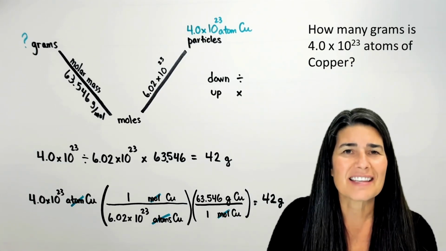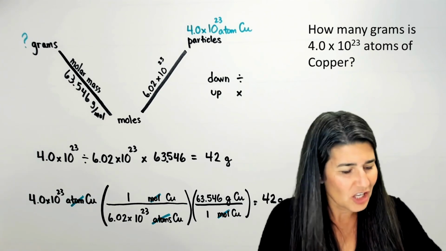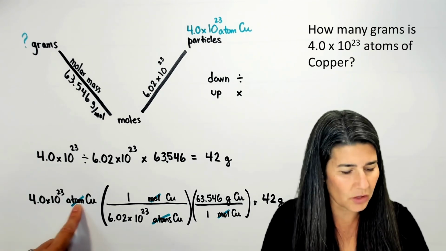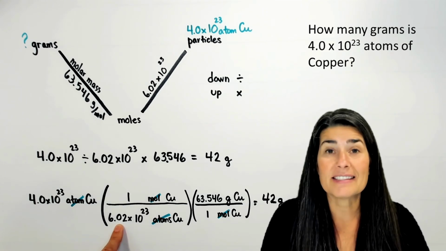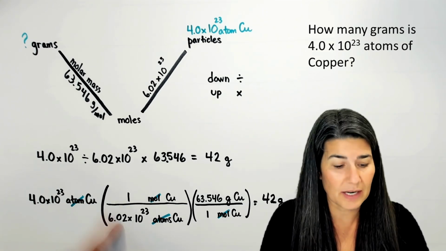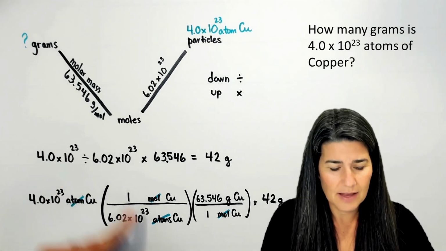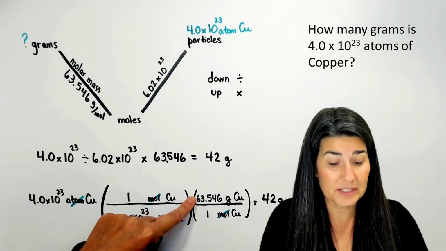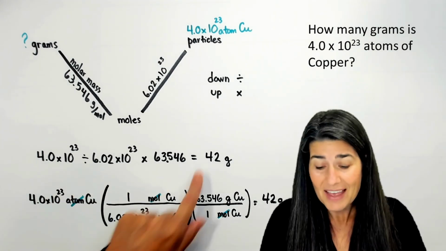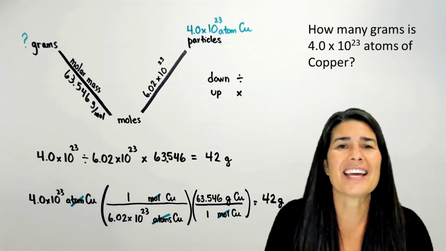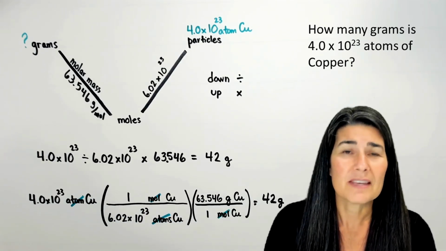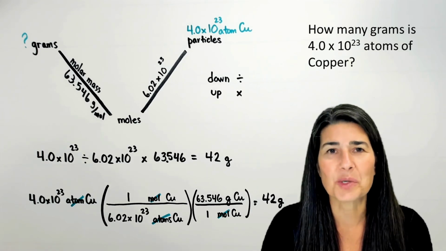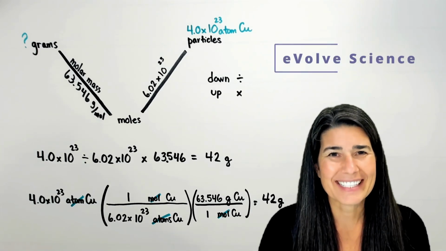But notice, the math checks out. You took 4.0 times 10 to the 23rd divided by 6.02 times 10 to the 23rd. Yeah, that's what we did here. And then you multiplied by 63.546. Yes, that was our next step. And either way, we got an answer of 42. So use a map to quickly get an answer or to help guide your work. I hope that helps. Take care.